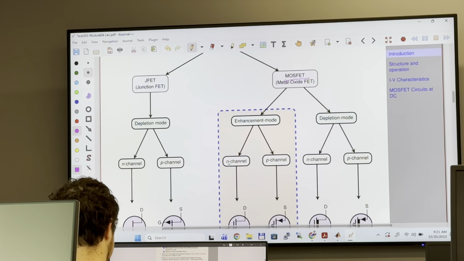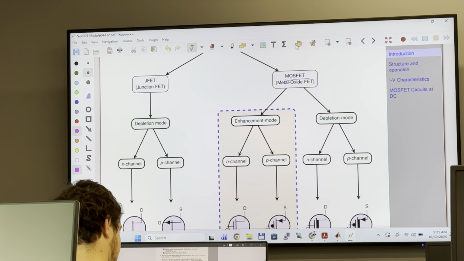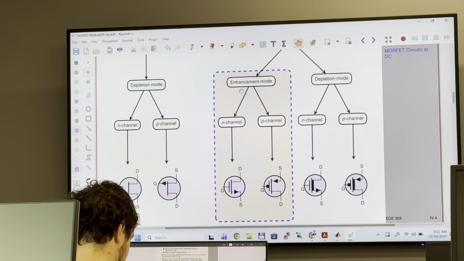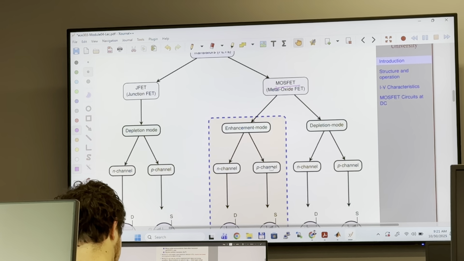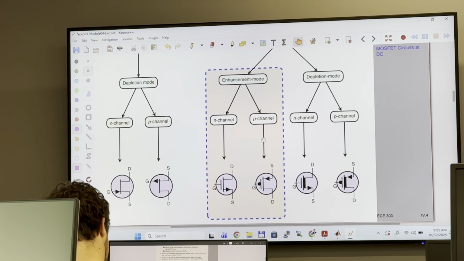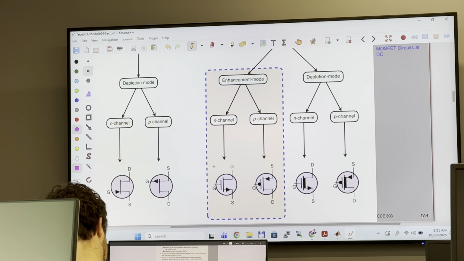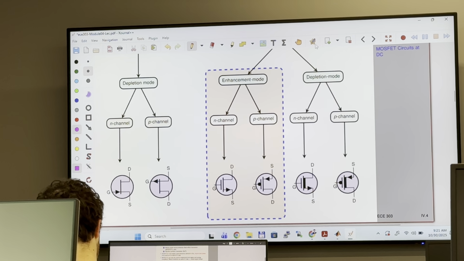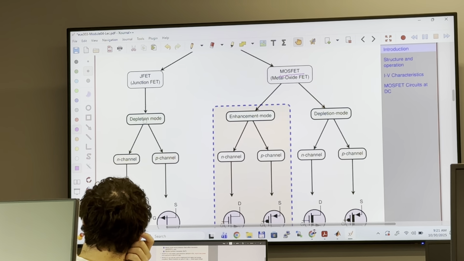Enhancement mode is divided into two categories: N-channel enhancement mode MOSFET and P-channel enhancement mode MOSFET. This chapter talks about depletion mode, enhancement mode, N-channel, P-channel, and also JFET as well.